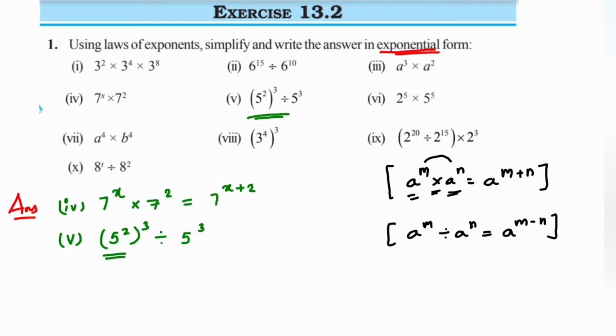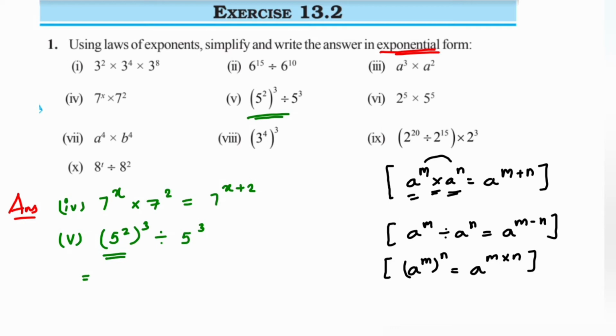That law is a to the power m, and then again the whole to the power n. Whenever there's a power on power, we just multiply the powers. So this will be a to the power m into n.